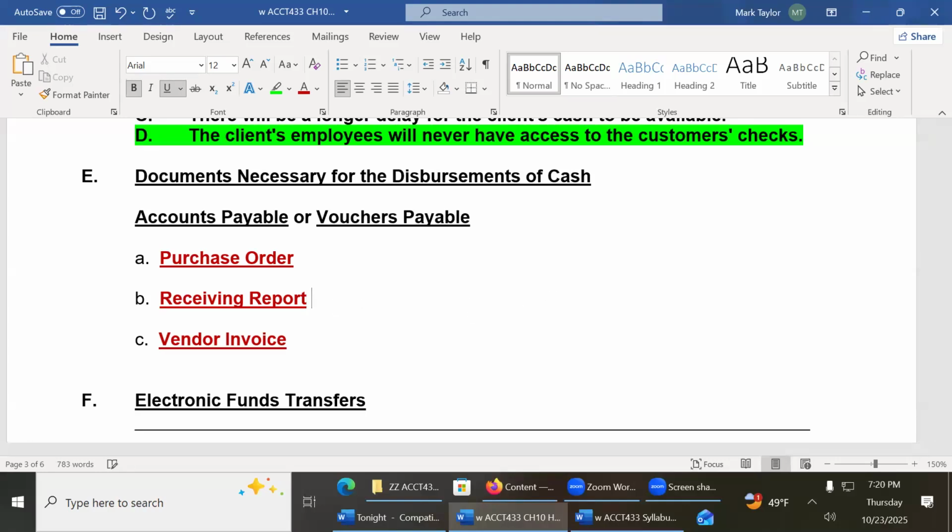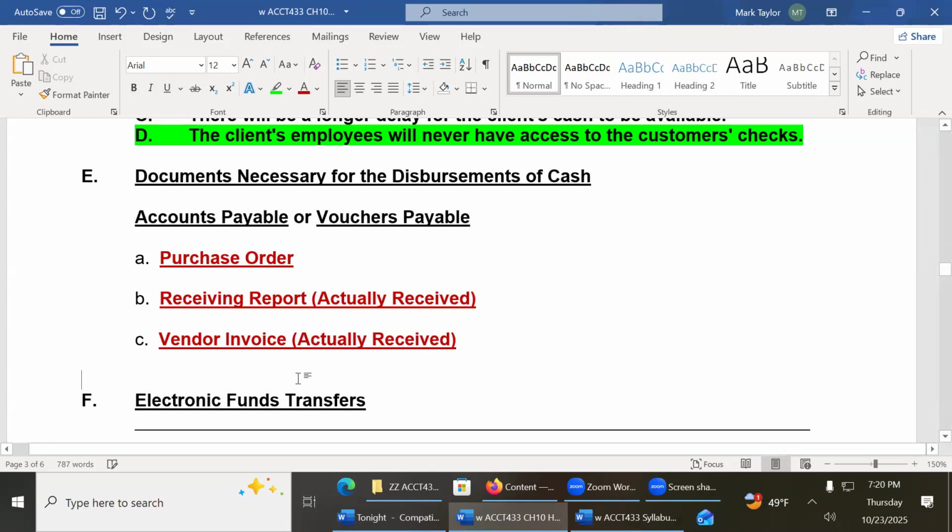So this is what was actually received. So the vendor's invoice should also be for what was actually received. So it won't necessarily match the purchase order.